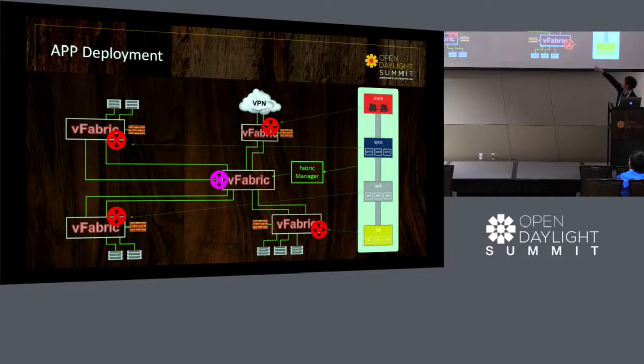Then I create another router to connect them together. It's done. So every tier is sitting in a different location. From the customer perspective, I don't need to know the inside of the fabric. Except when something bad happens, the network admin will follow this mapping relationship between the vFabric and the real physical fabric, and check the real forwarding table.